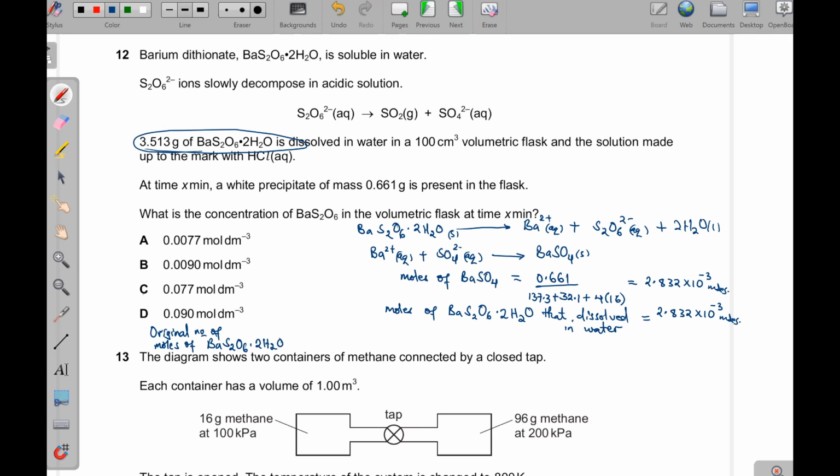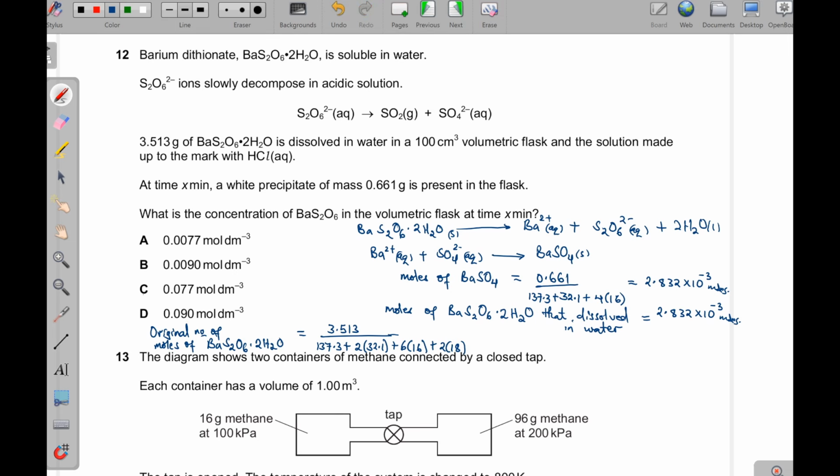From here, this one is going to be 3.513, then divide by barium, we saw it is 137.3. Sulfur is 32.1, then oxygen 16, then water, this is 2 plus the 16, the mass of water is going to be 18. So 2 times 18.